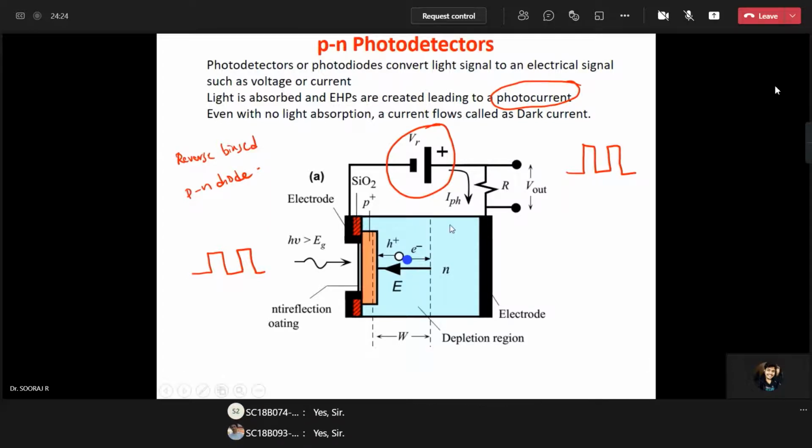Okay, so I think we were discussing photodetectors, and these photodetectors are used as optical receivers in an optical communication system.